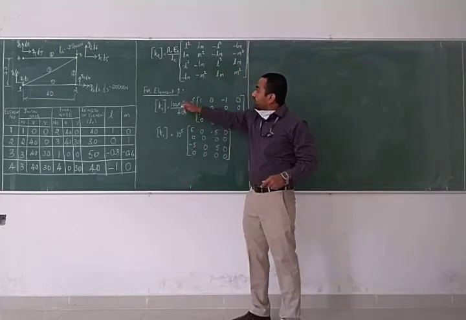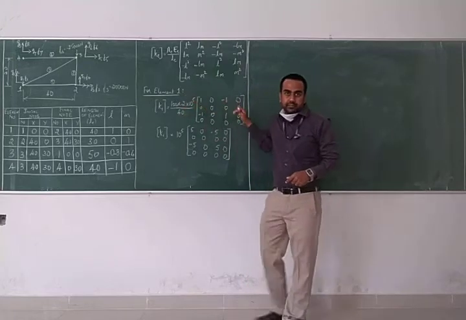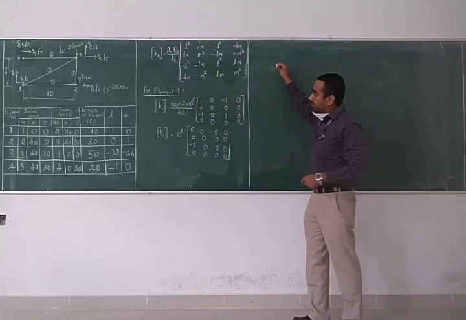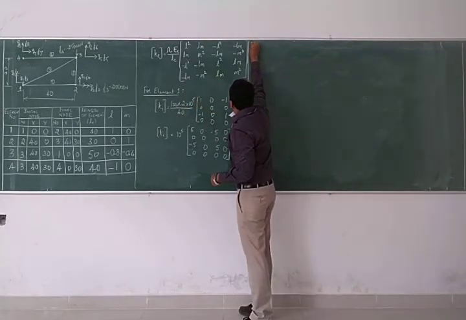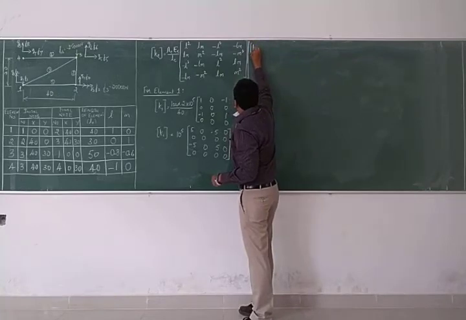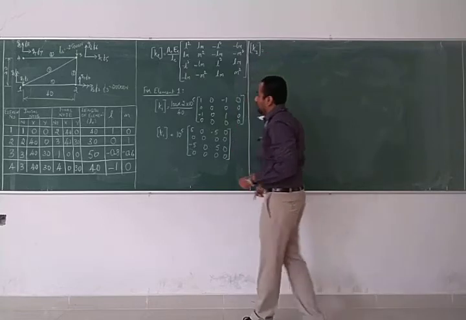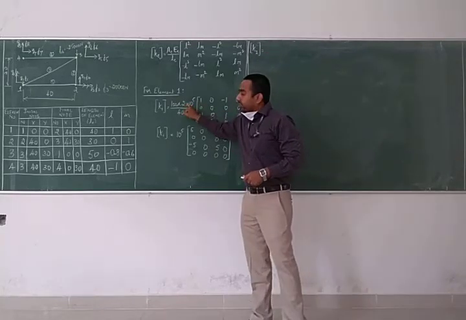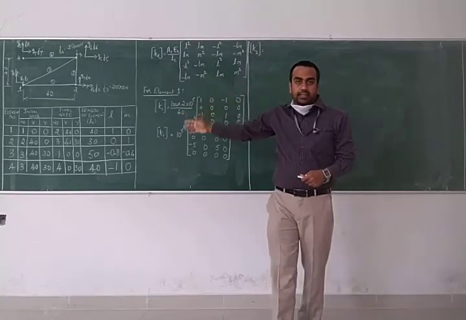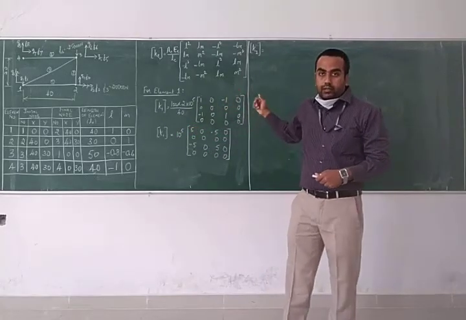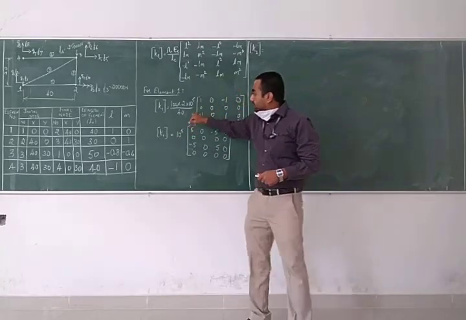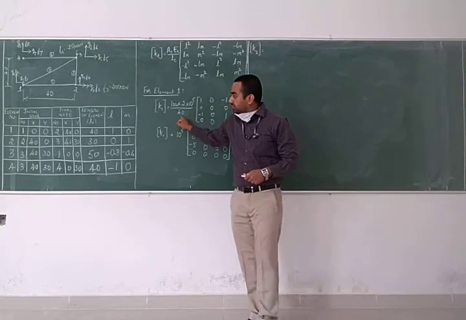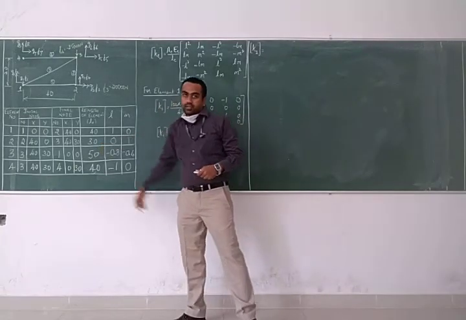I will not be writing out element 2 and so on in order to save space. So I will directly write it as K2, and K2 is equal to 100 into 2 into 10 to the power of 5 remains as it is. I will only write the change in length value. Length for the second element is 30.